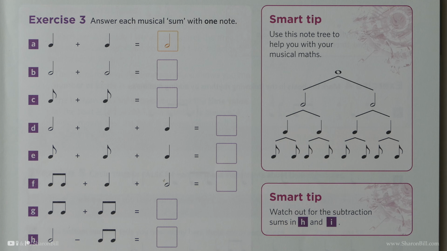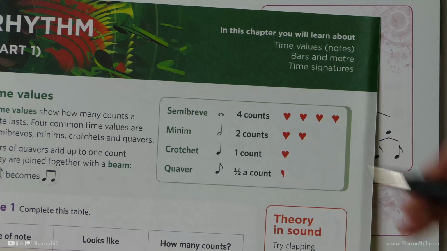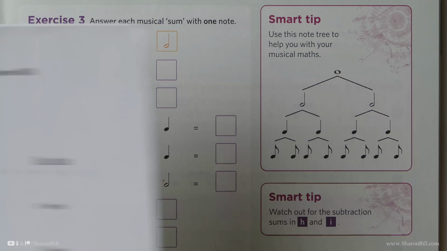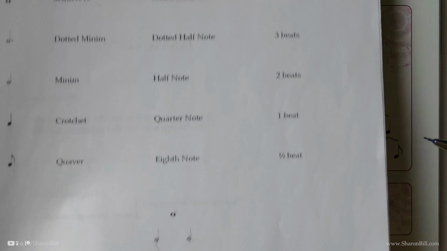We continue with some musical sums, referring back to the information that we learned on page 2, just adding up the different note values. So you can always refer back to page 2 to be sure of your note values. You've got the PDF that's available on my website, sharonbill.com, which will help you there.